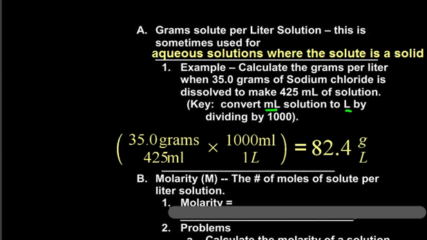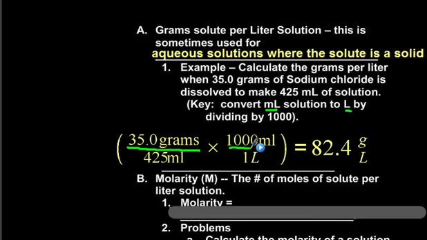So we have 35 grams. We're going to divide it, so it's always solute over solvent, and then we convert it to the units we want. So 35.0 grams divided by 425 milliliters.